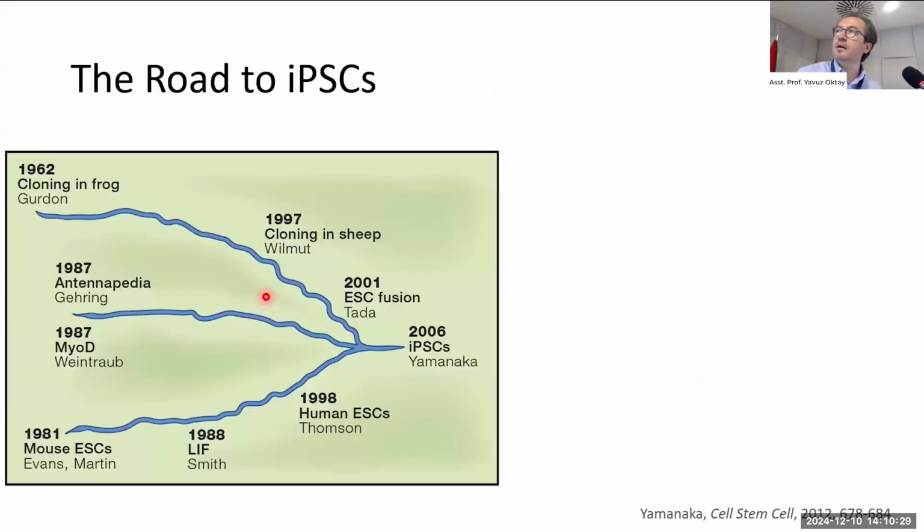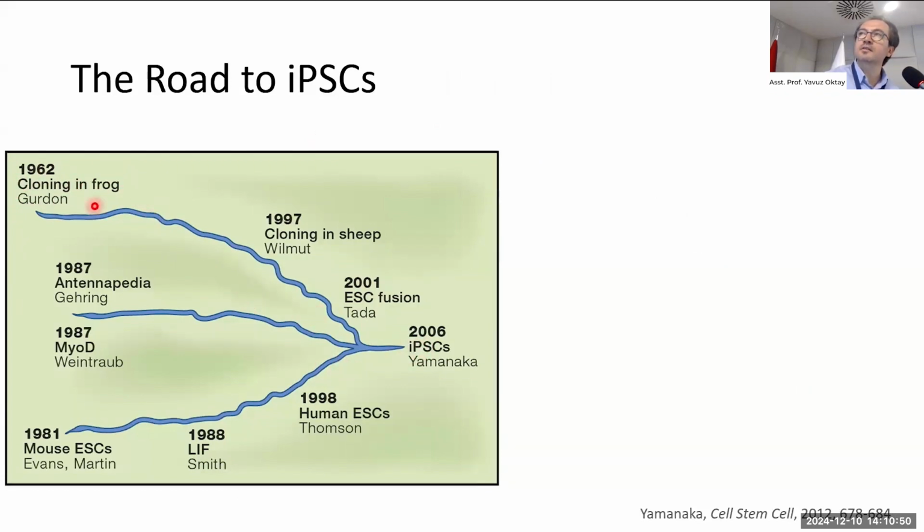Okay, so this is only the beginning. In frog in 1962, John Gurdon is the one who basically did this experiment. Actually, 3 roads led to the discovery of iPSCs in 2006.